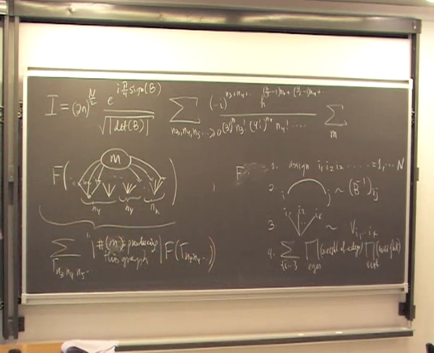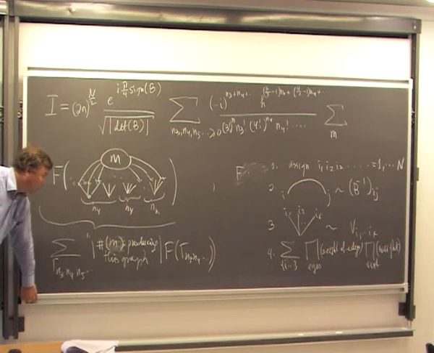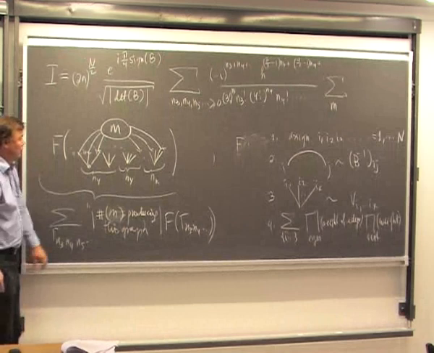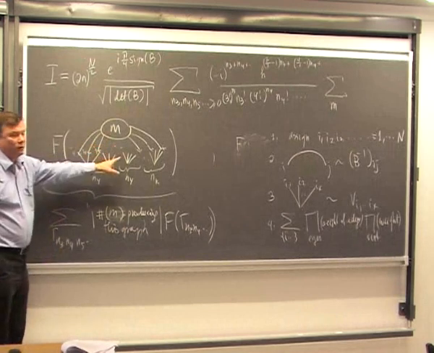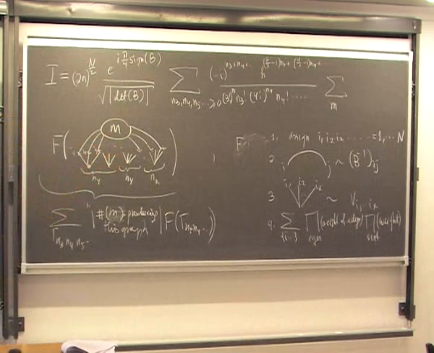Is this clear? Because what can happen is that some of the perfect matchings will give the same graphs. Let me give you some examples.